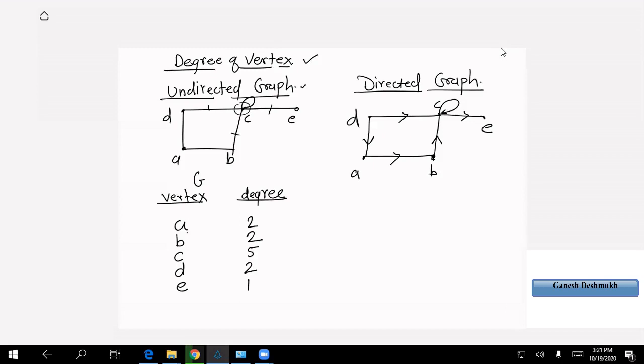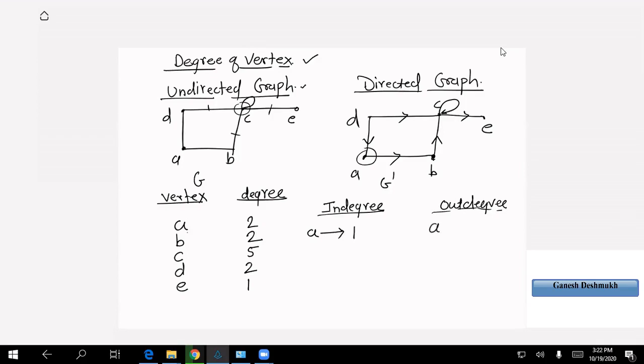Now let us move to the directed graph. Let us see G dash. In case of a directed graph, there is a concept called in degree and out degree, as direction is important. So for vertex A, what is in degree? In degree means the number of edges coming towards vertex A. There is only 1 edge, so in degree of vertex A is 1.